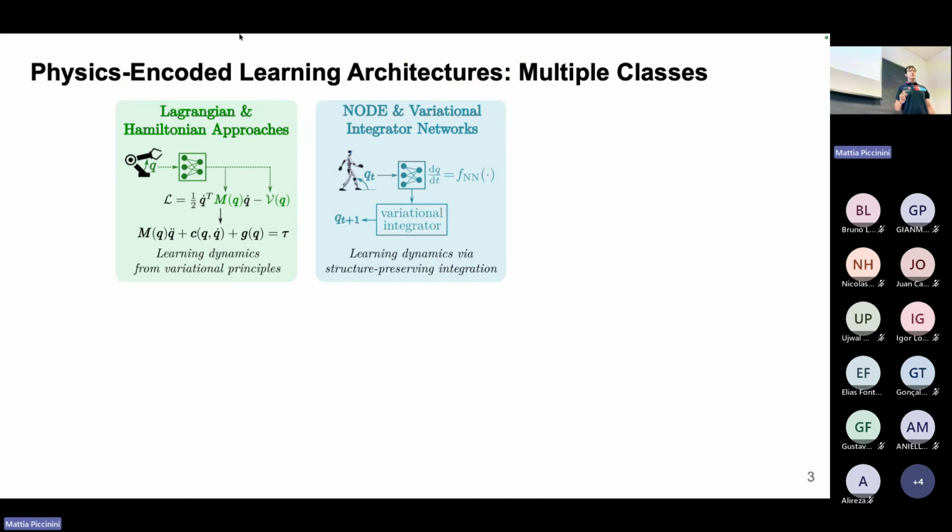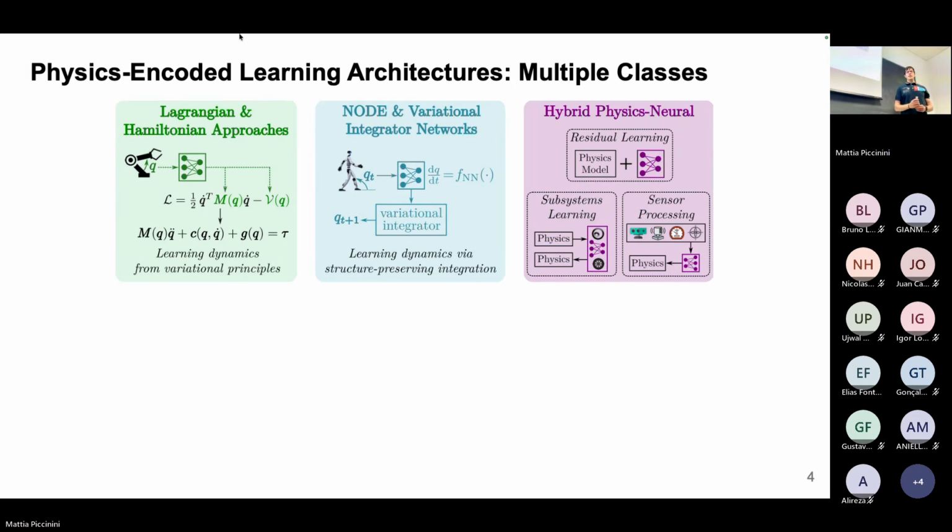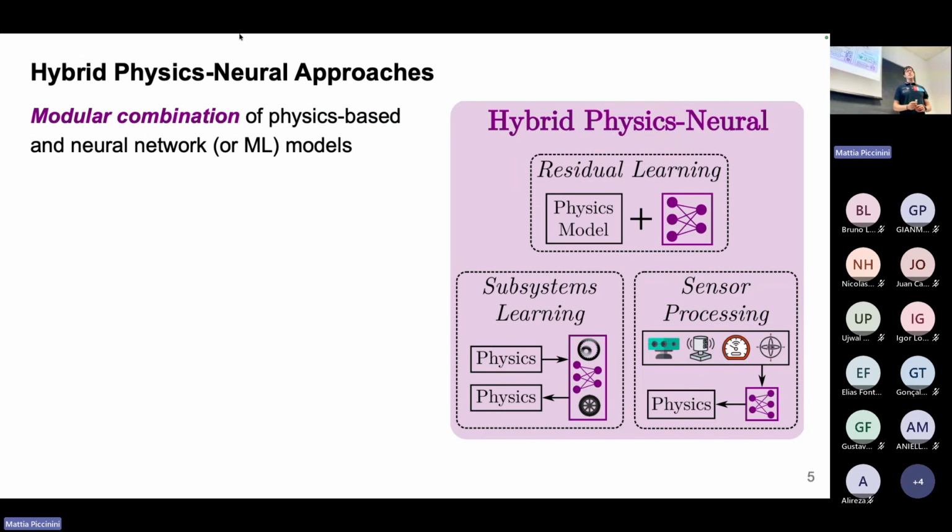We just described the first two blocks, so Lagrangian, Hamiltonian, and neural ODEs. The third block here is what we call hybrid approaches, which means basically a lot of things. Hybrid physics neural approaches.